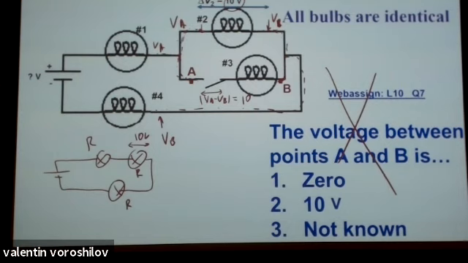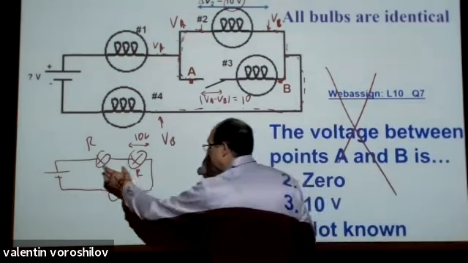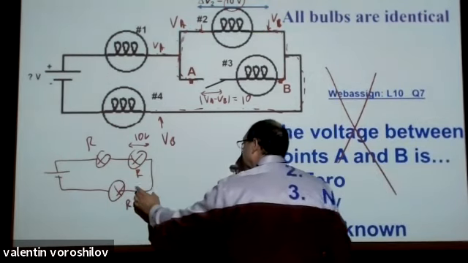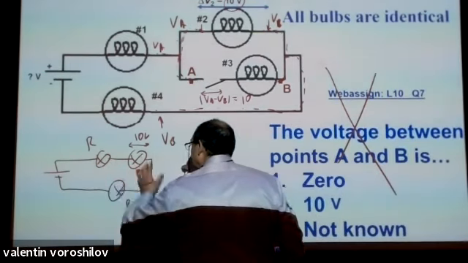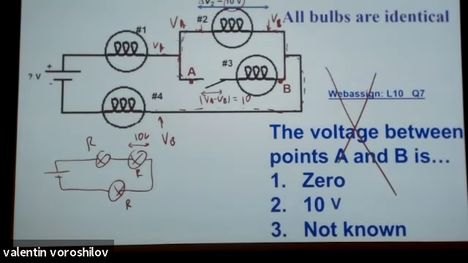And that means the electric current is the same, and the voltage across each bulb is supposed to be the same. This voltage should split evenly between all these 3 identical bulbs. So it immediately tells us this voltage should be 10 volts. This voltage should be 10 volts. So this EMF should be 10 plus 10 plus 10, 30 volts.